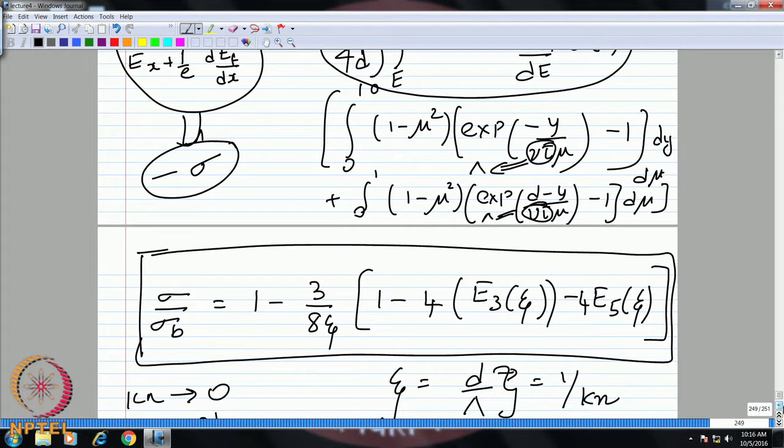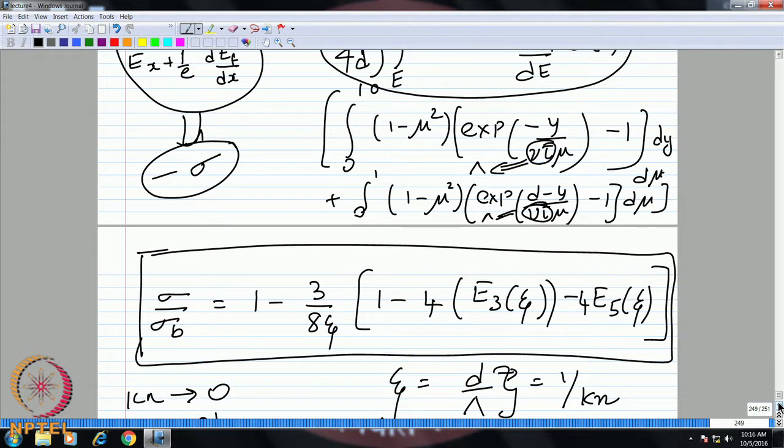If you do this integral with respect to y and also with respect to mu, we have a double integral. We have terms 1 minus mu square and exponential of minus y by v tau, which can be replaced with the mean free path times mu. So this entire expression is a function of variables mu and y.